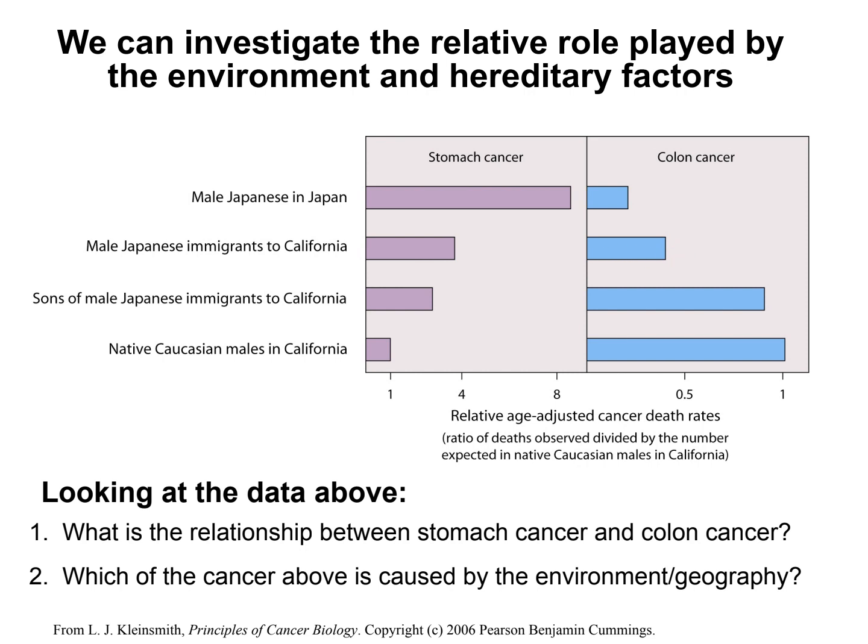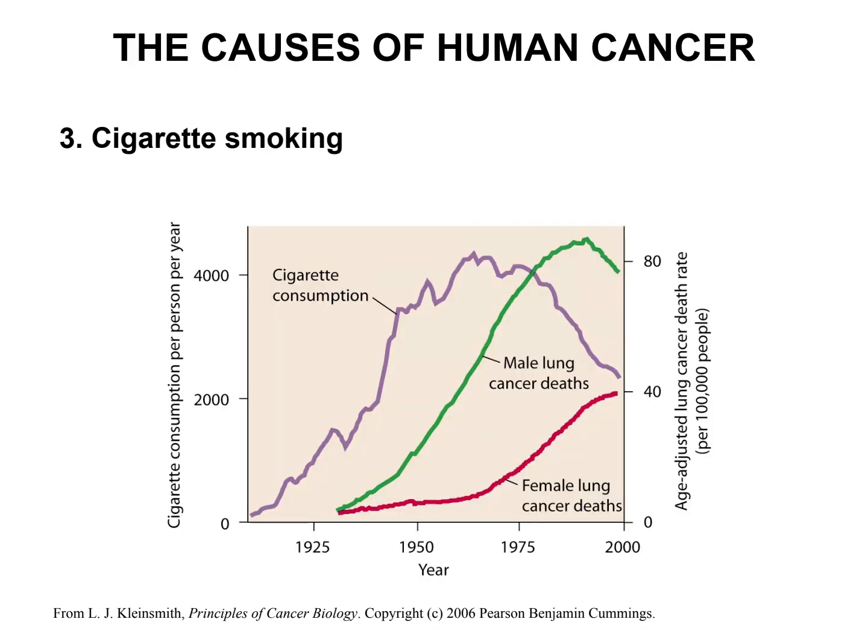But then looking here, if we look at native Caucasian males in California, they have a very high rate of cancer. And we are suspecting that has something to do with the environment that they live in. So some of these studies look at what is the rate in the country of origin and what is the rate after they've immigrated to other countries.